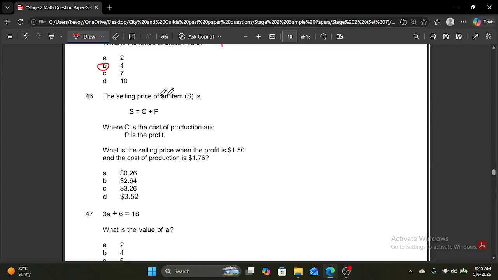The selling price of an item S is C plus P, where C is the cost of production and P is the profit. What is the selling price when the profit is $1.50 and the cost of production is $1.76?